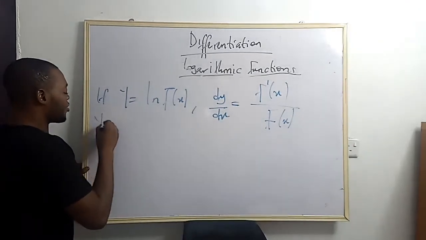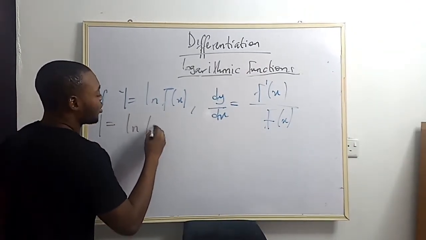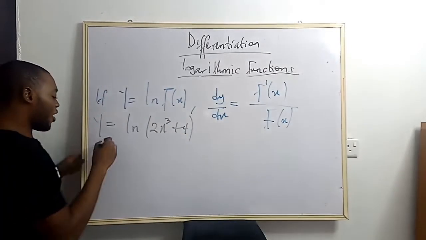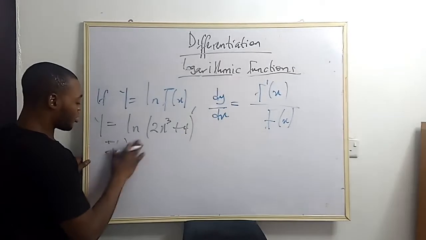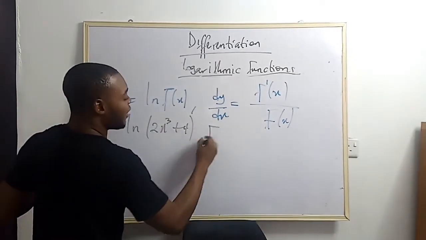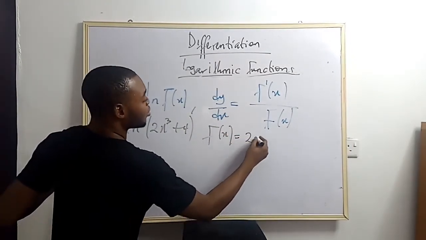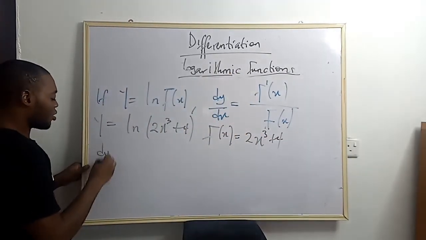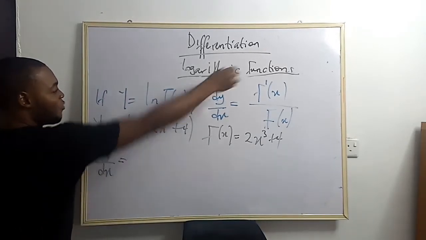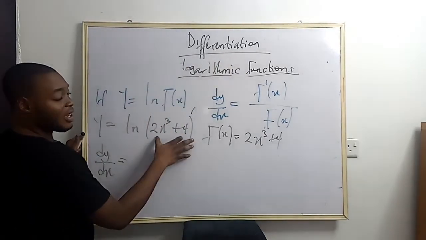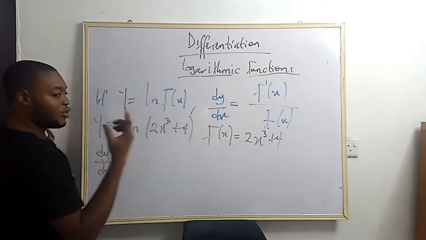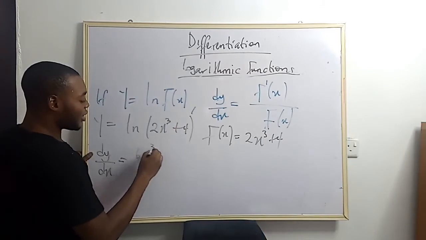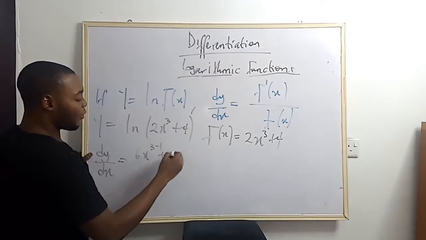Say y is equal to log of 2x cubed plus 4. In this case, f of x is equal to 2x cubed plus 4. Using that formula, dy/dx will be equal to f prime of x, that is, you differentiate this f of x using the polynomial rule: 3 times 2 is 6, x raised to power 3 minus 1, plus the derivative of 4, which is 0.